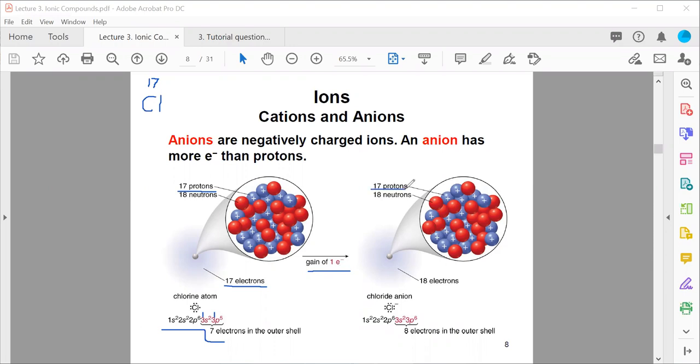Once again, it still has its 17 protons, but now it has 18 electrons, so 1 additional electron, and this confers, as we can see here, a negative charge. And we have now formed the chloride anion. Once again, formation of an anion has meant that we now have 8 electrons in the outer shell. And once again, that is quite a stable configuration for chlorine.